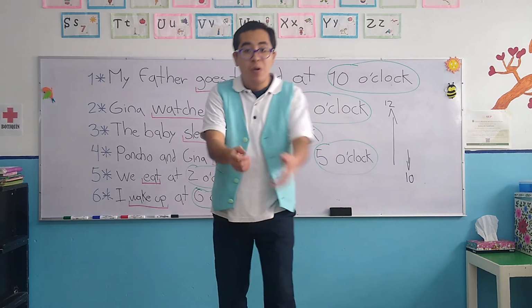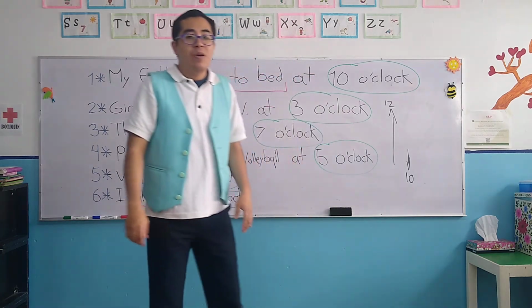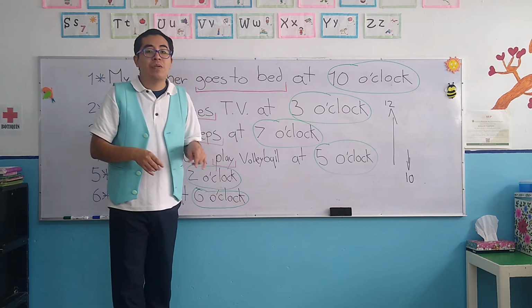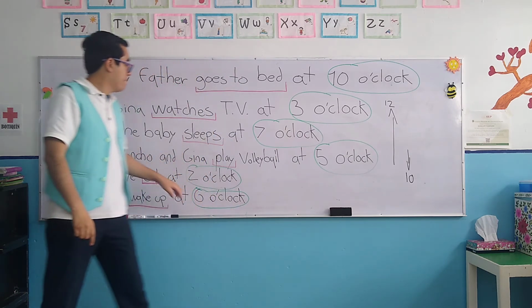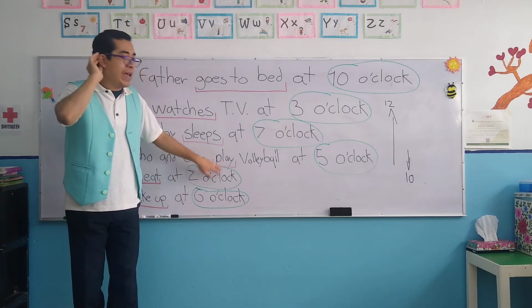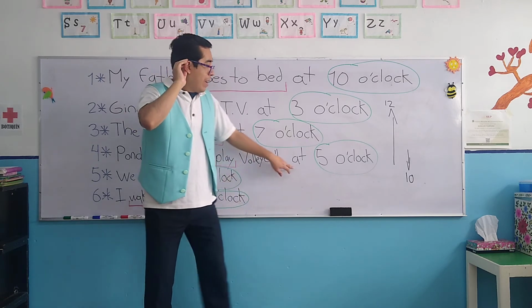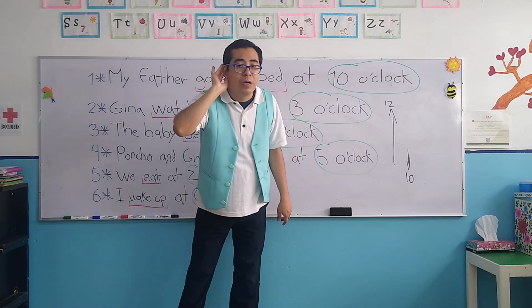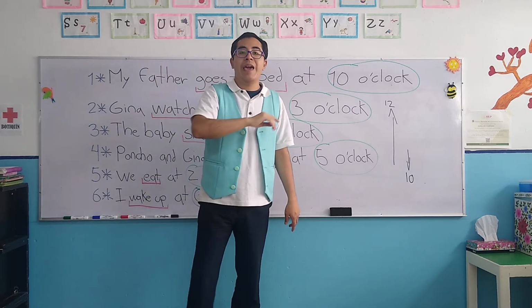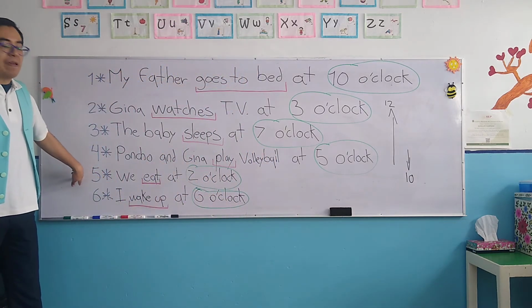Poncho and Gina juegan voleibol a las 5. Okay? One more time in this occasion. Please repeat after me. Poncho and Gina play volleyball at 5 o'clock. Okay, excellent. We are doing great. Number 5.